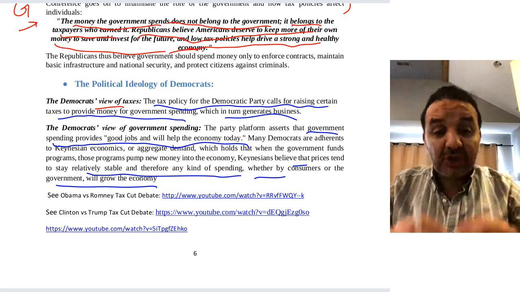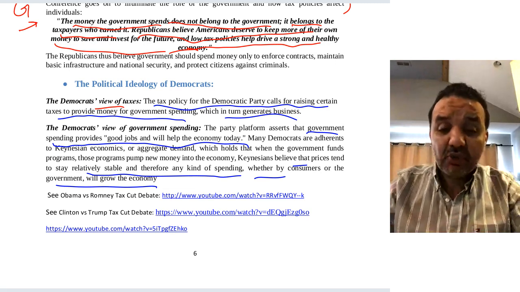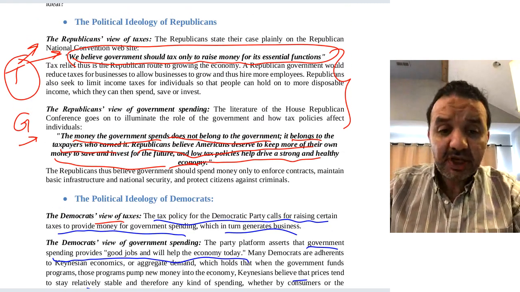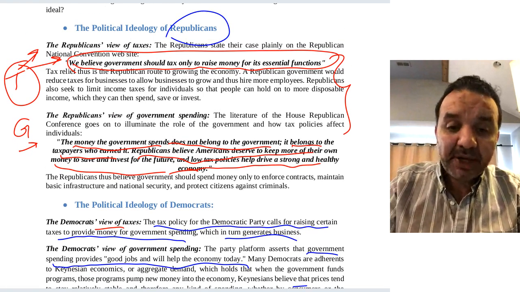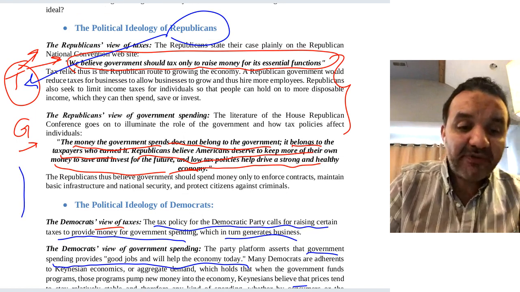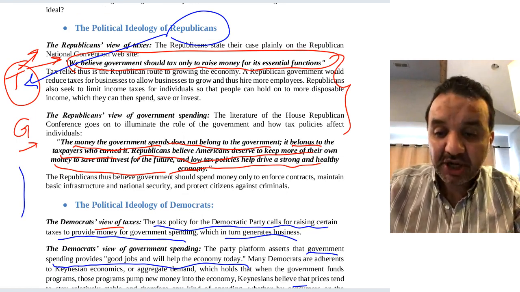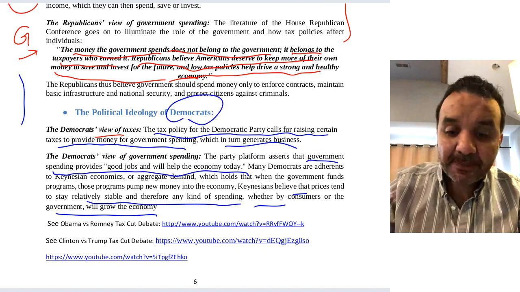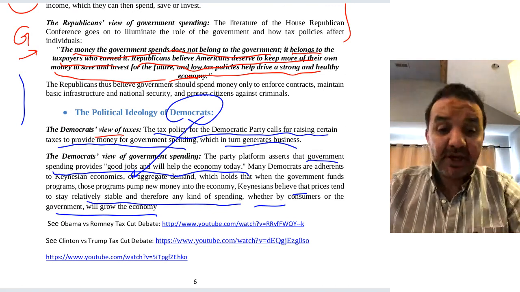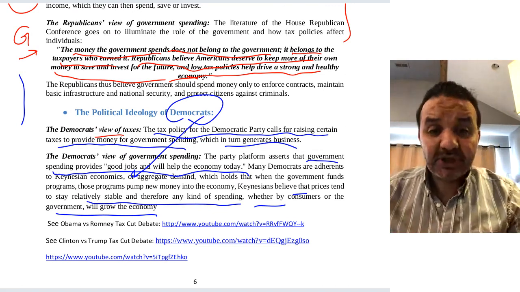So to summarize this slide, generally speaking, Republicans prefer the tax tool, while the Democrats prefer the government spending tool. You can see these differences in ideology between the two parties.